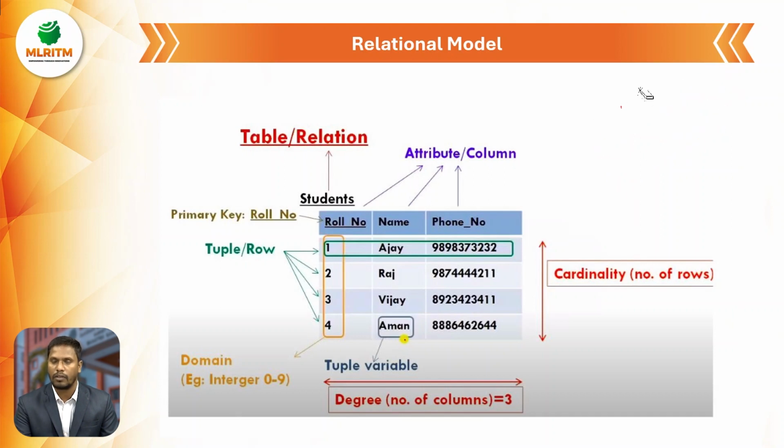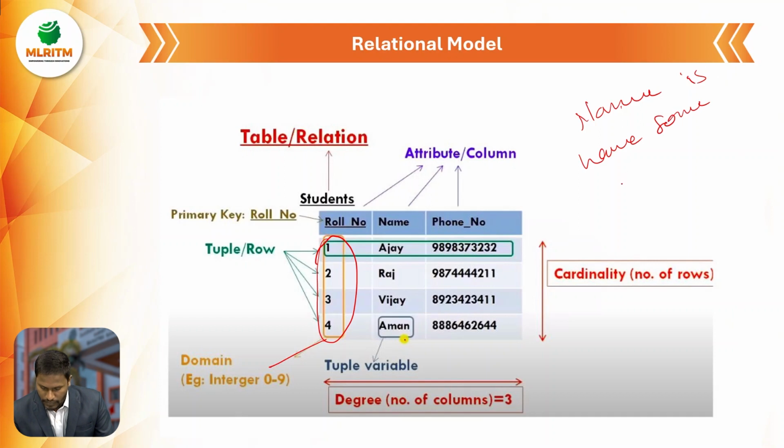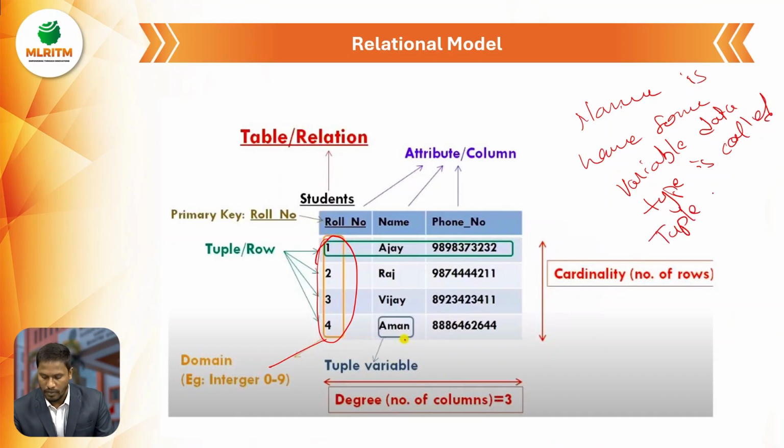Whatever values we have in the column are called the domain of the database. The tuple variable: here name has some variable data type, which is called the tuple variable.